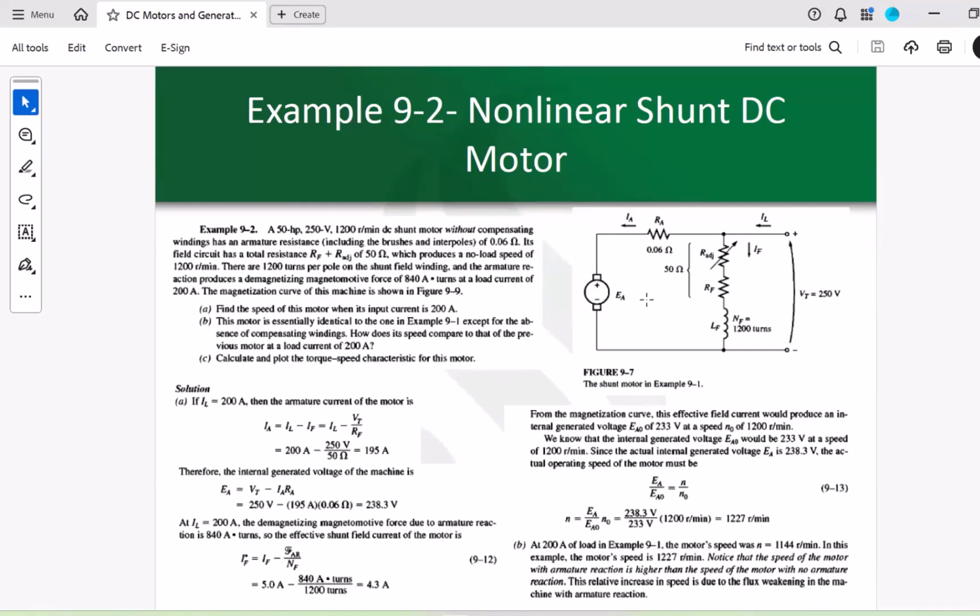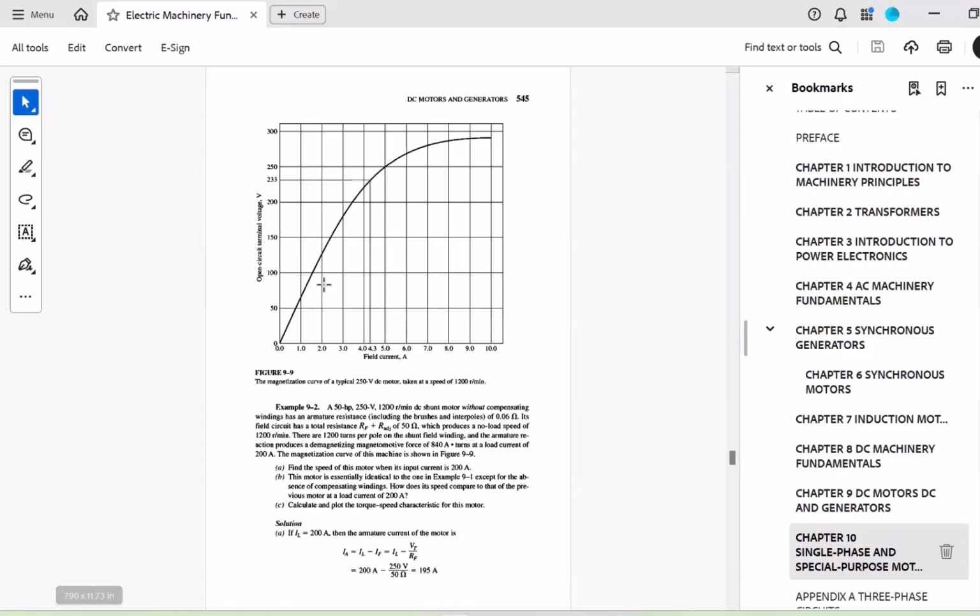In other words, the process that we went through is that we considered the effective IF in the machine, considering the armature reaction. Based on that, through the curve, we found that this particular IF should produce this particular voltage. But this curve is given to us at a particular speed, which is 1200, the no-load speed of the machine.